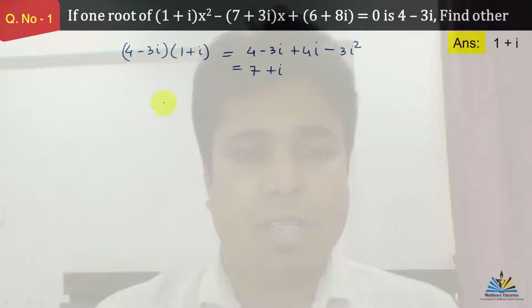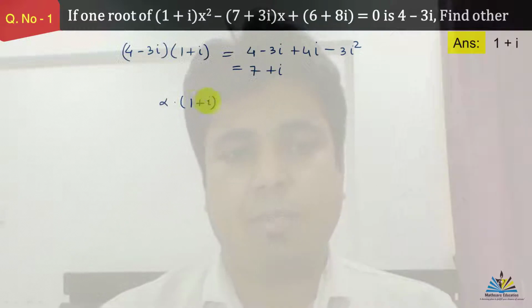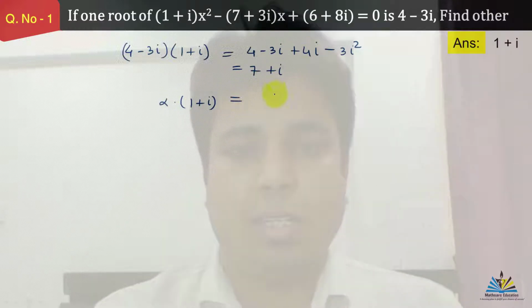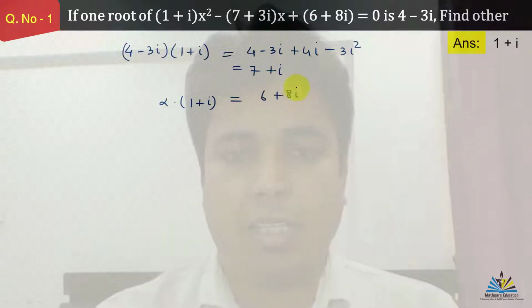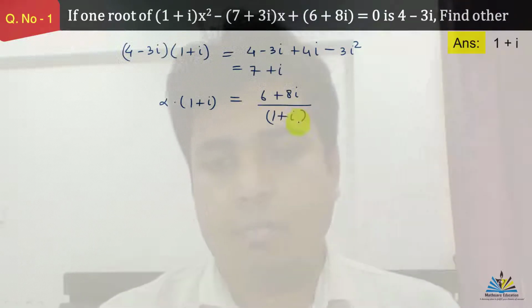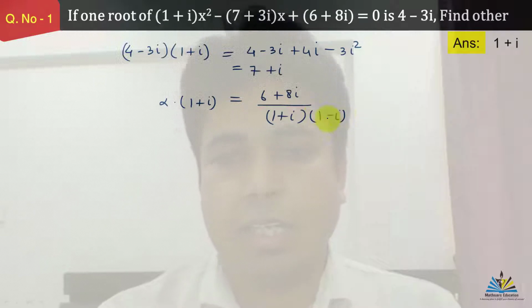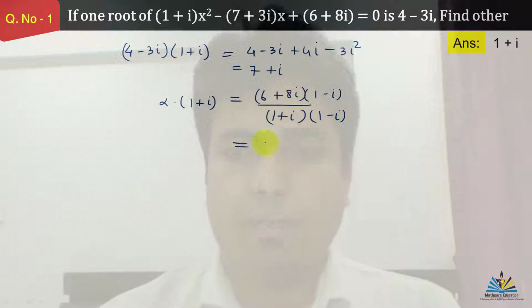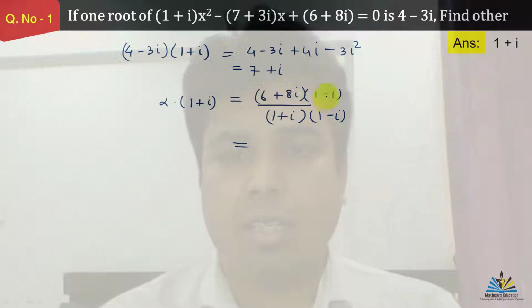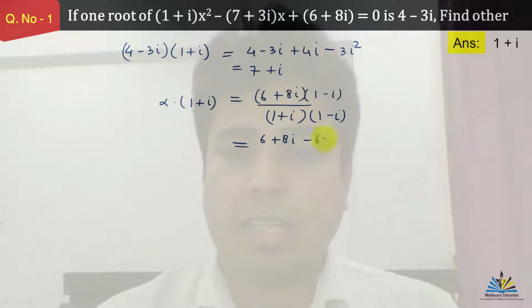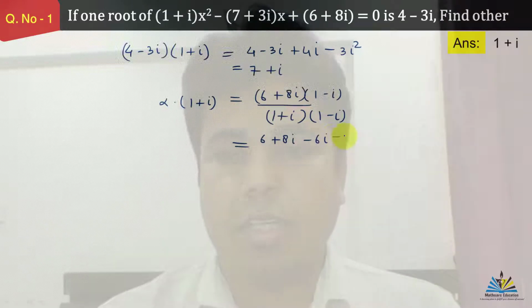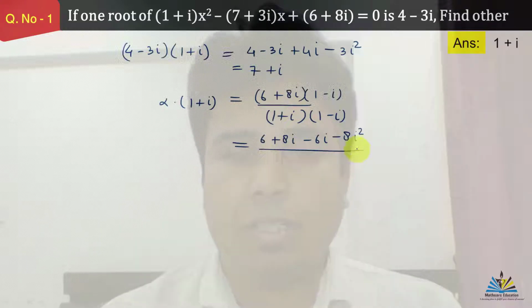Even if we say the product of roots, alpha into beta, is c upon a, that is 6 plus 8i upon 1 plus i, and if we multiply numerator and denominator by 1 minus i, we get 6 plus 8i, minus 6i, minus 8i square, upon 2.